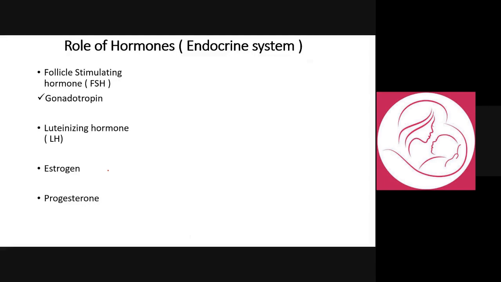Also, there is one more hormone called AMH, which is also contributing equally in your menstrual cycle. So let us see now what the contribution of these hormones is in your menstrual cycle.